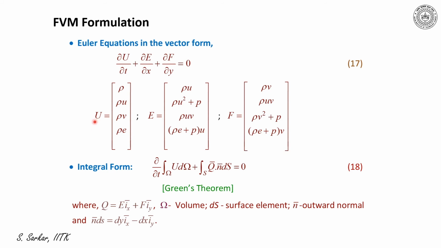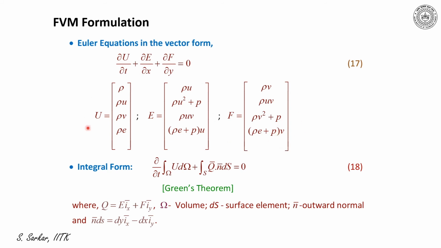The expression for U is given by rho, rho u, rho v, and rho e, while the expression for the vector E is given as rho u squared plus p, rho u v, rho e plus p into u. And the expression for F can be given as same as E, where u has been replaced by v.